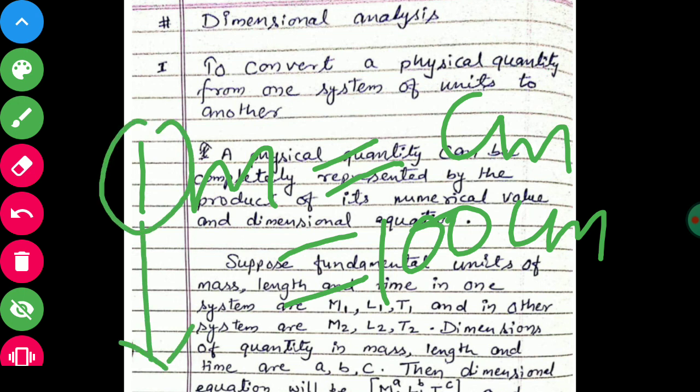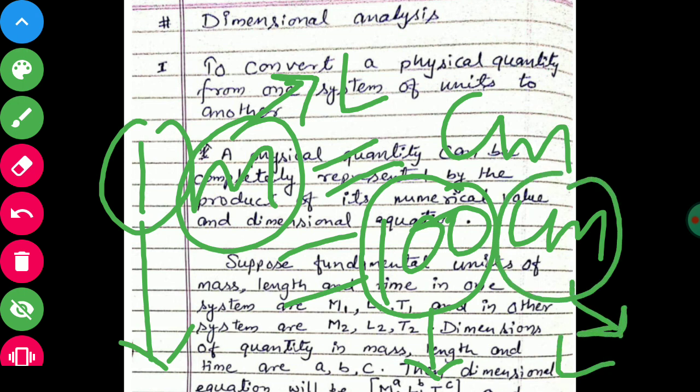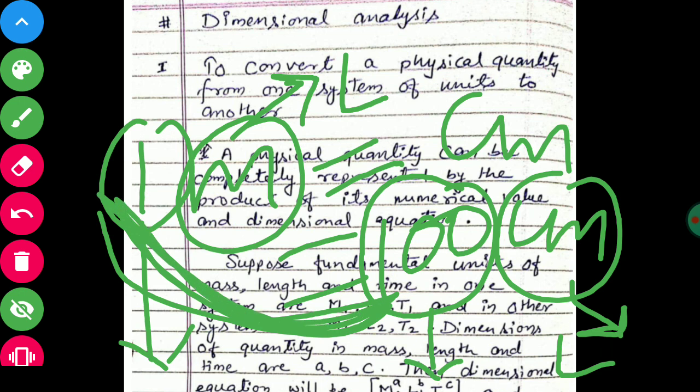The numerical factor in one system, and 100 is the numerical factor in the other system, or you can say the second system. Meter is the unit of length, and centimeter is also a unit of length. This means the dimensions of the physical quantity remain the same, but only one thing differs, that is the numerical factor.